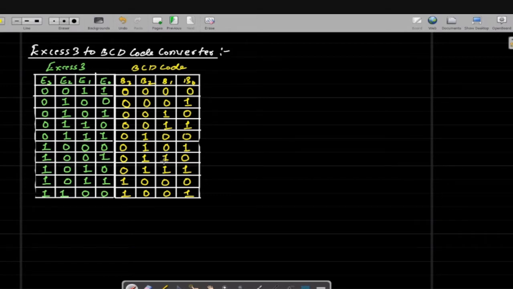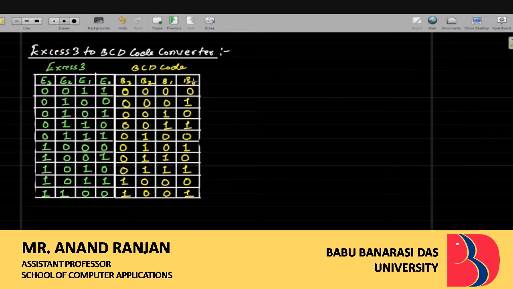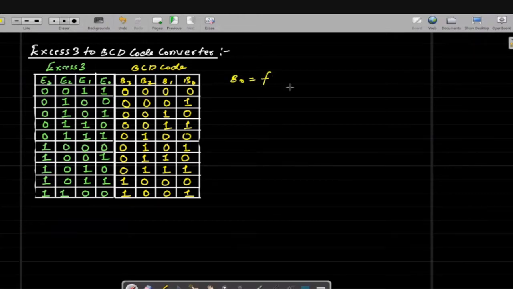Of course, when you are going to write the function of B0, what I am trying to say is that B0 will be a function of four variables, that is E3, E2, E1 and E0.